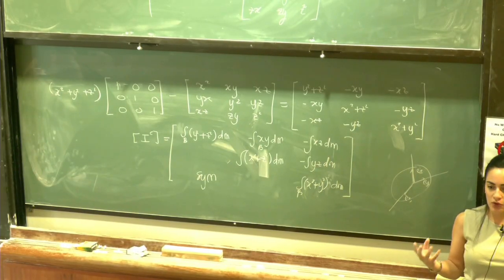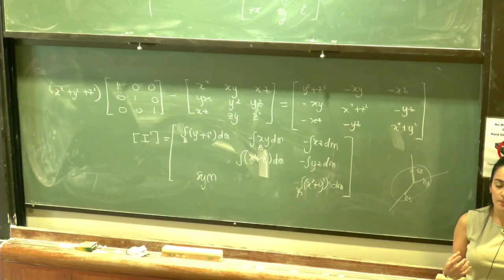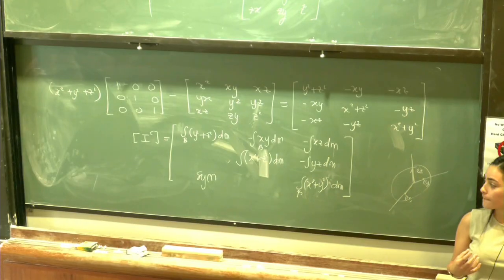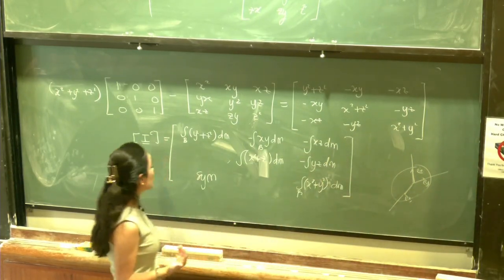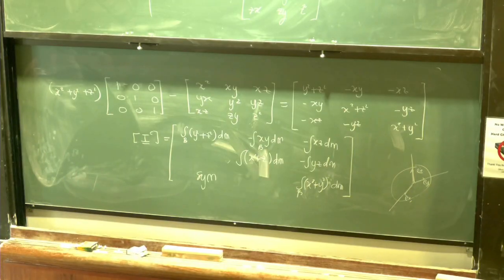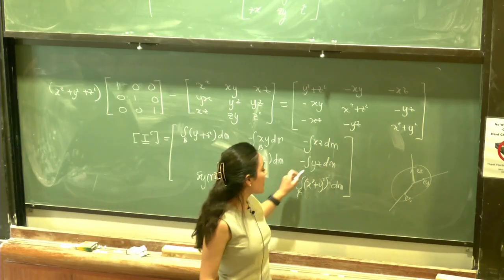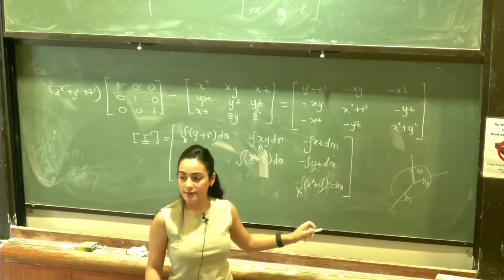Which mass distribution specifically? The mass distribution about a specific axis, which is it? Exactly, the z-axis. So this tells us the mass distribution about the z-axis.